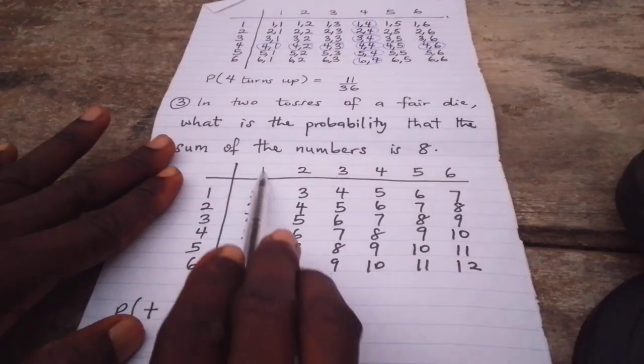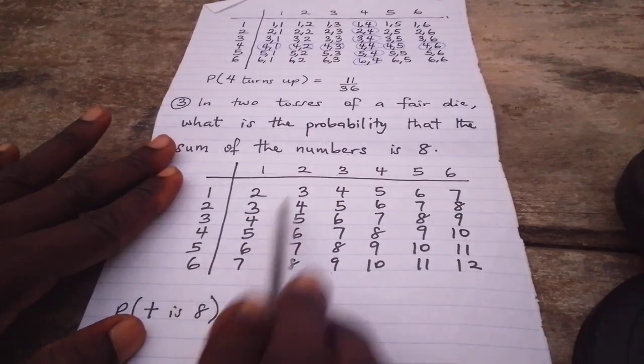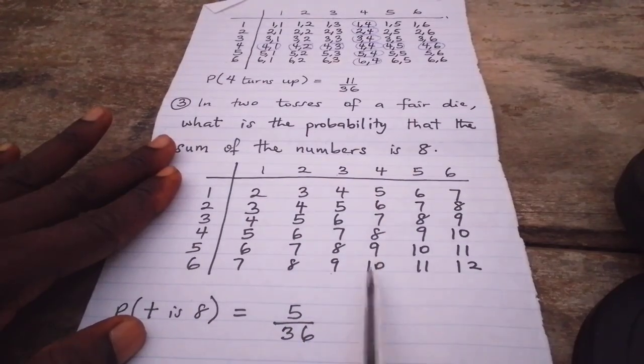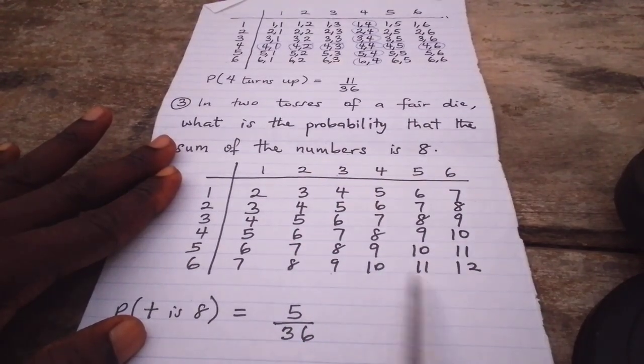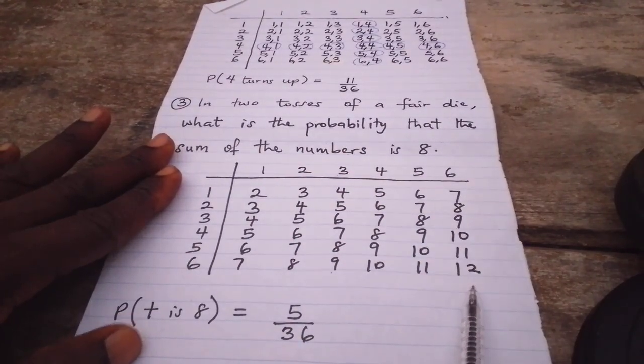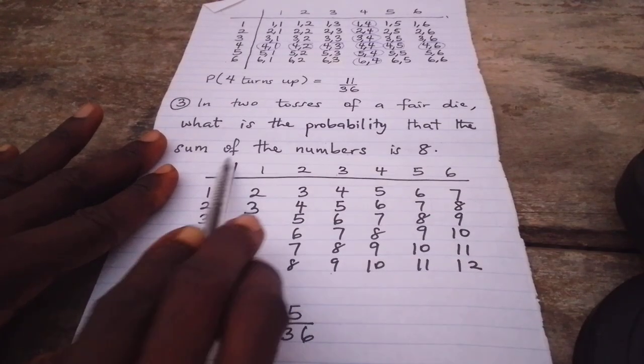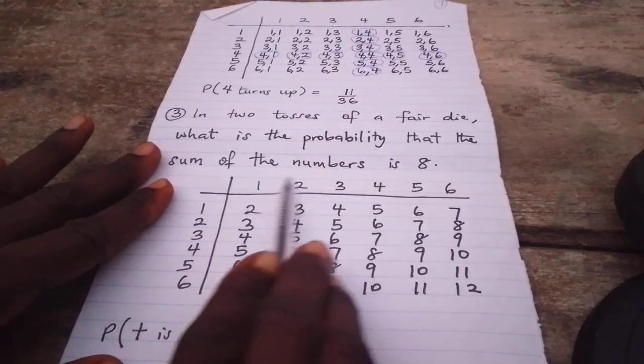Then 6 plus 1, 7. 6 plus 2, 8. 6 plus 3, 9. 6 plus 4, 10. 6 plus 5, 11. 6 plus 6, 12.